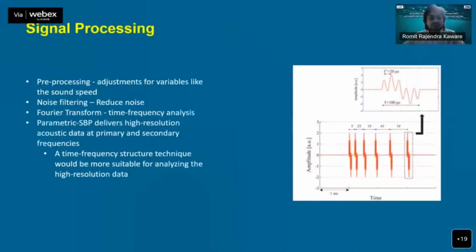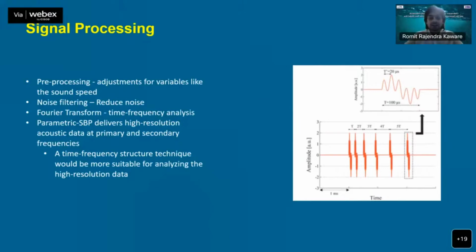Now, coming to the signal processing aspects, there are various pre-processing parts that include the correction and adjustments for the various variables for the speed of sound, which need to be made in order to let go of any weak results. Then the post-processing part includes various noise reduction and noise filtering techniques.